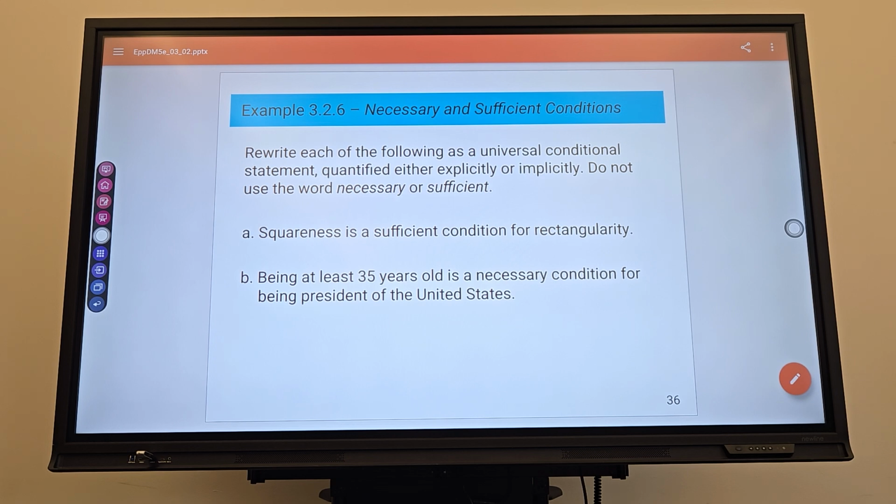If S is a square, then S is a rectangle. If R, then S. Being at least 35 years old is a necessary condition for being the President of the United States. If a person is the President of the United States, then they are at least 35 years old.